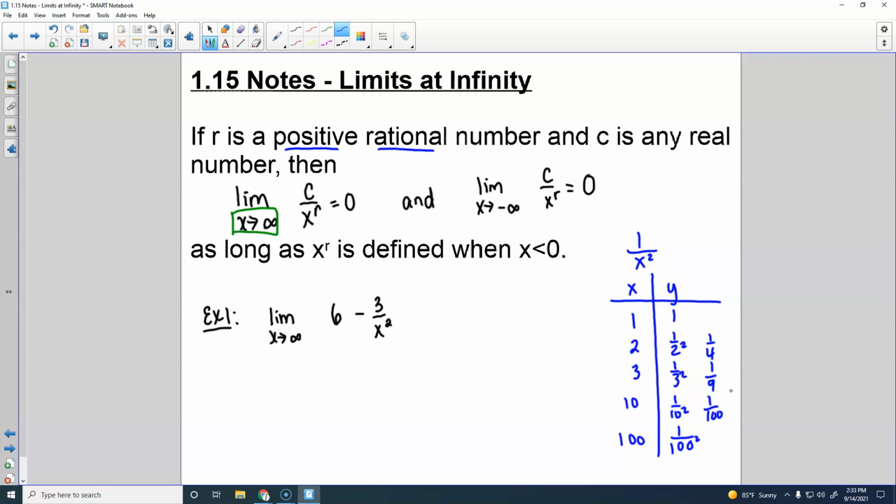So if we look at example 1, we're supposed to do the limit as x approaches infinity of 6 minus 3 over x squared. We're taking the limit of 6 and 3 over x squared separately. So the limit as x approaches infinity of 6, what's that going to be? 6.